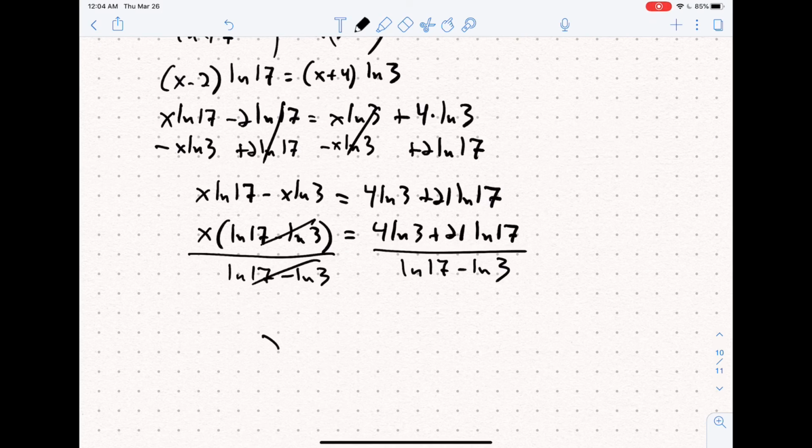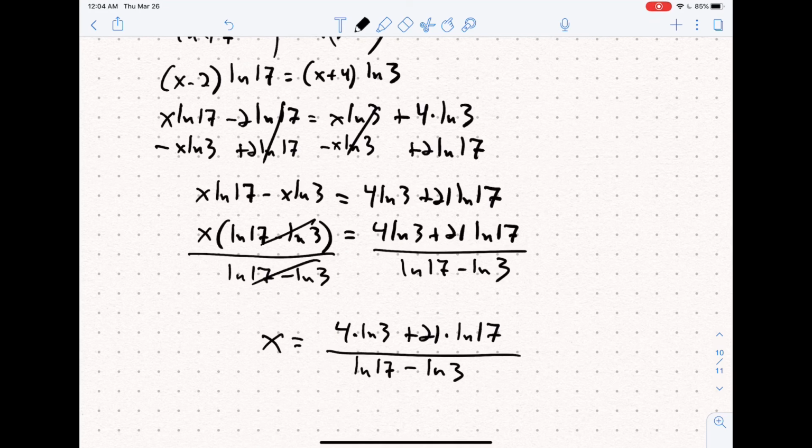And it cancels on the left, and on the right we get altogether 4 times ln 3 plus 21 times ln 17, divided by ln 17 minus ln 3.